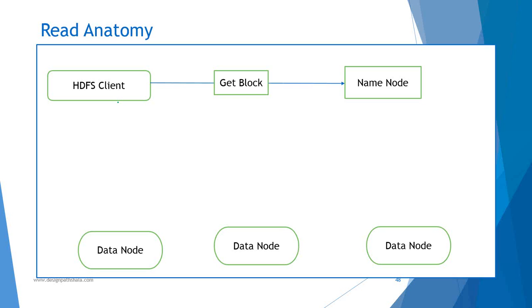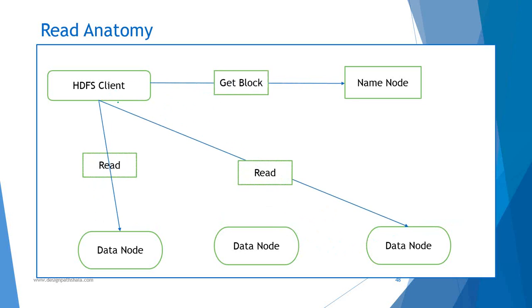Name node will try to return the data nodes which are most local to this client, from where it can read. The client will then keep on reading from the corresponding data nodes. Pretty simple.